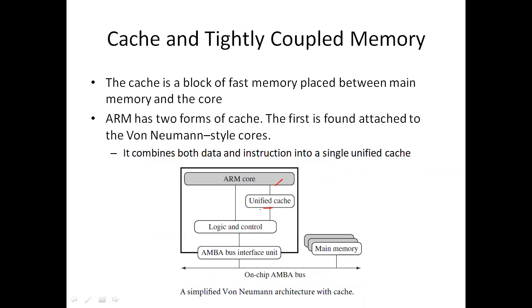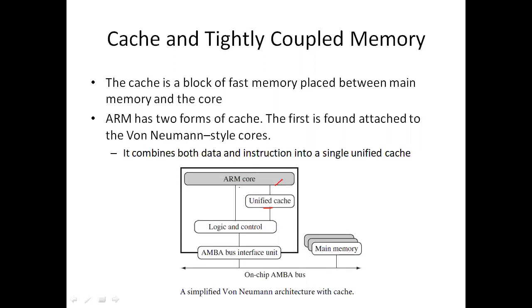Here one thing you have to understand is the purpose of cache memory. As I told, whichever data is currently being used by the ARM processor, it may be instruction or any other data, that will be taken from the main memory into the unified cache.